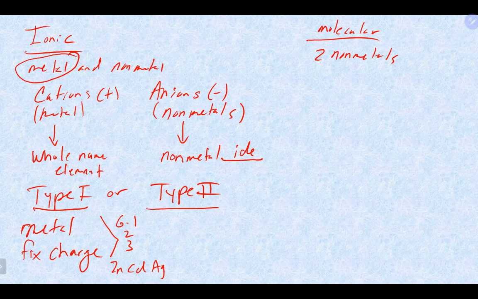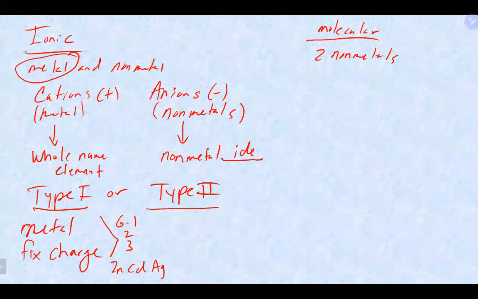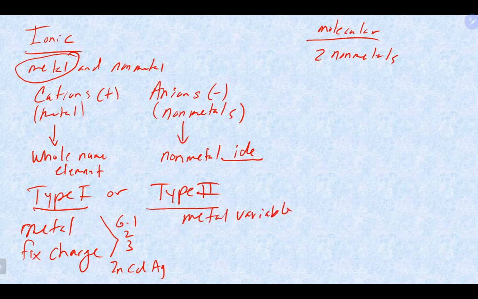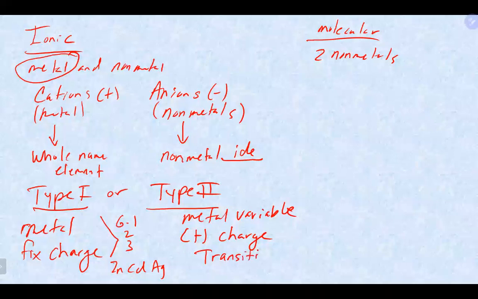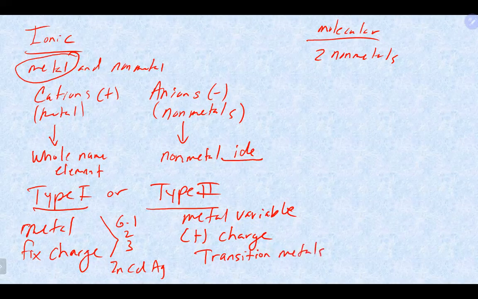Type 2 are pretty much everybody else on the periodic table that's a metal. The metal will have a variable charge. That is pretty much your transition metals, obviously except for these three, and also things like lead and tin. In that area of the periodic table, they have the ability to make multiple types of charges.